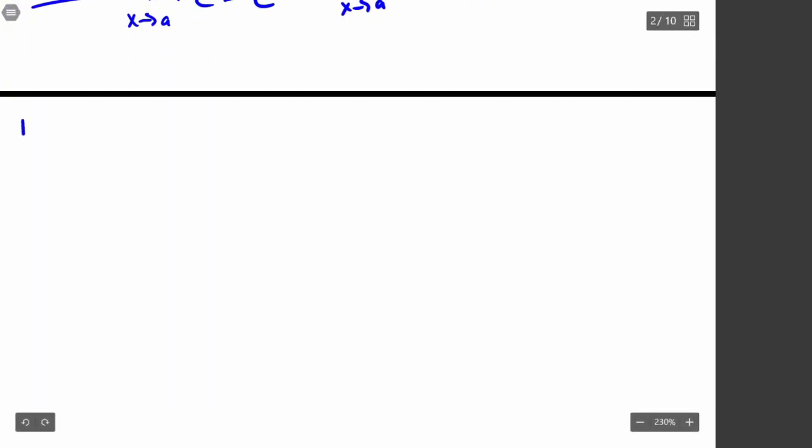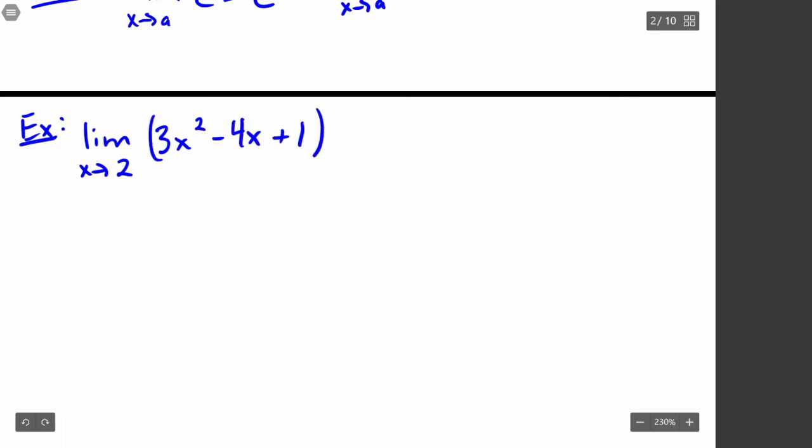But let's look at why these limit laws are necessary. Right? We want to get to the point where, again, we can just do this algebraically. So let's look at the limit as x goes to 2 of 3x squared minus 4x plus 1. Okay? So how does this come into play here?